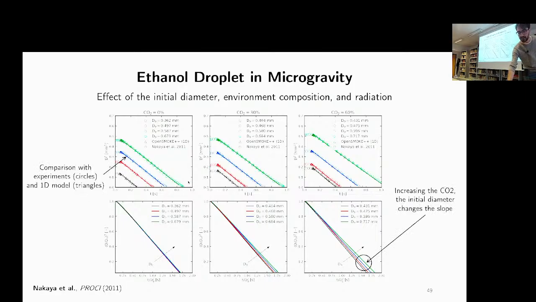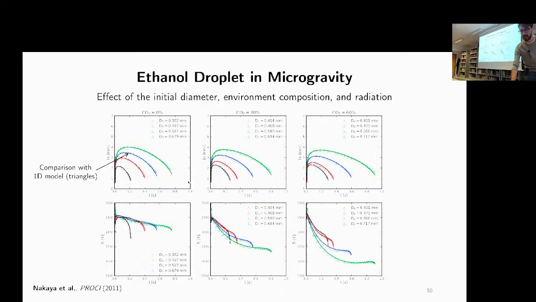So to explain this behavior, we try to plot the flame temperature and the flame diameter. The flame diameters are pretty much always the same and do not give us important information in this case. We can just see that we have the same flame diameter of the benchmark 1D model.